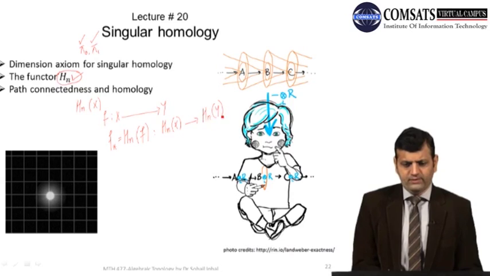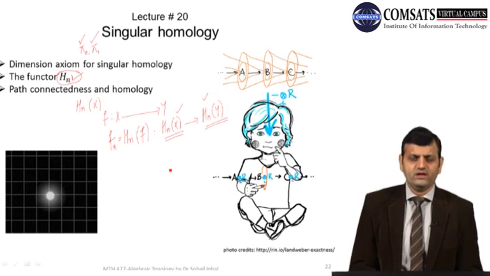Okay, so remember that Hn of x is going to be an abelian group, and Hn of y is going to be an abelian group, and so f lower star is basically a homomorphism between these two groups. Okay, and once again in lecture number 2 we discussed what are categories and functors.